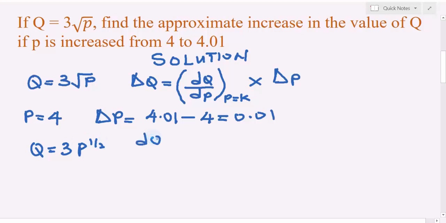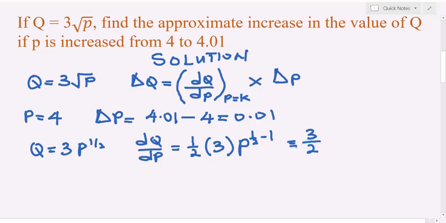So dq/dp will give us half into 3 into p raised to the power half minus 1, and this will give us 3 over 2 p raised to the power minus half.